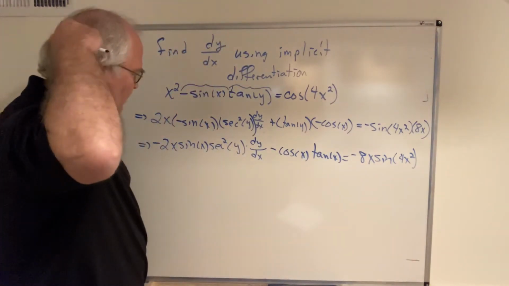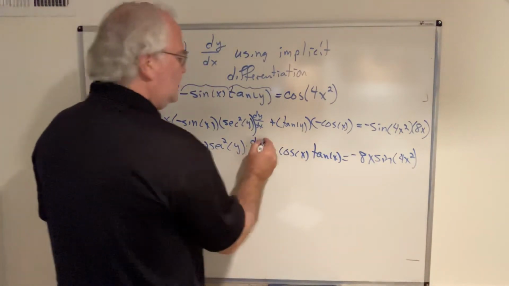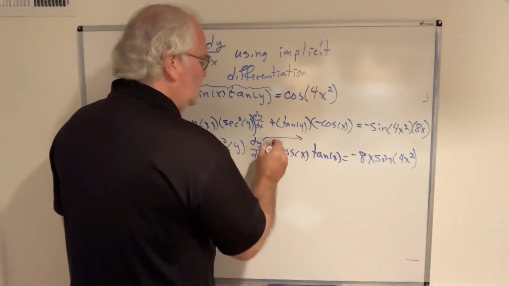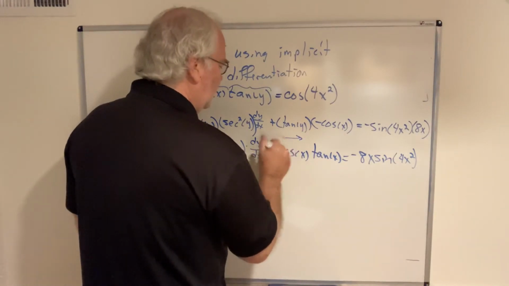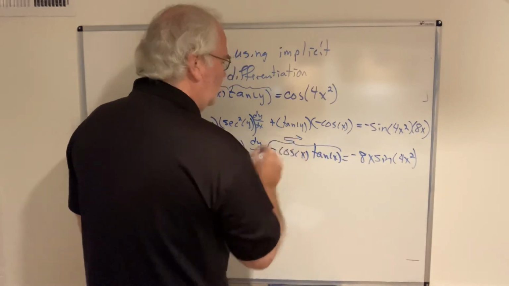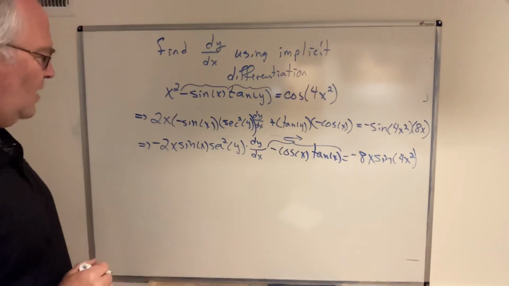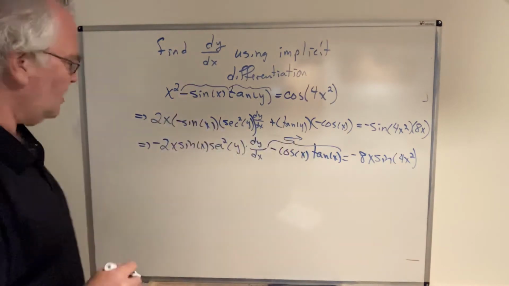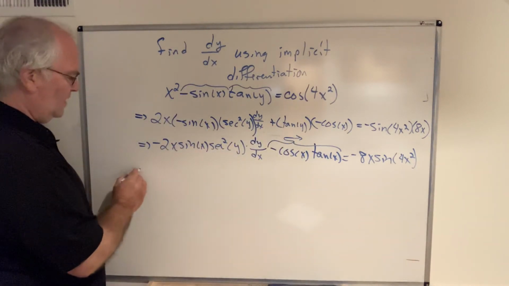And so any term that does not have dy dx has got to move to the right-hand side. So this piece needs to go to the right-hand side of the equation. This stays where it is. That stays where it is. So let's reshuffle this.